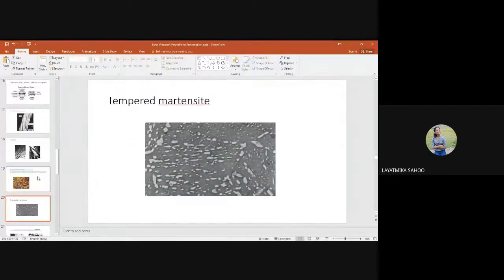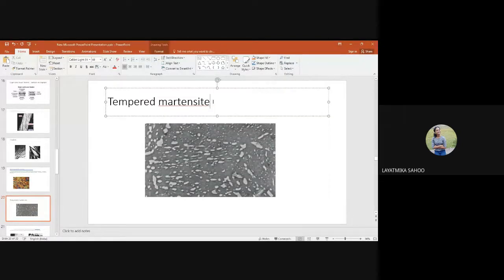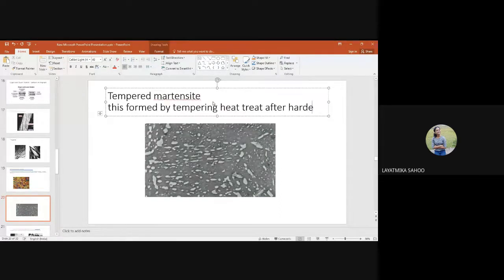Finally, we can convert the martensite into tempered martensite. Tempered martensite is formed by tempering heat treatment. We'll discuss that. What is that treatment? Treatment after hardening heat treatment.